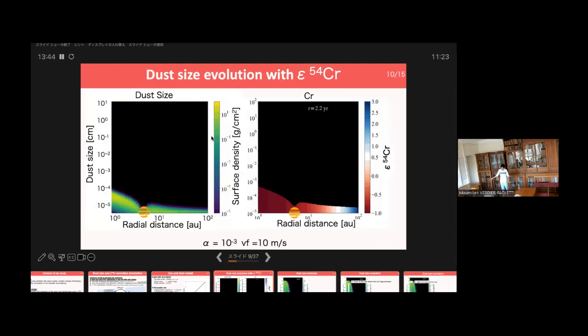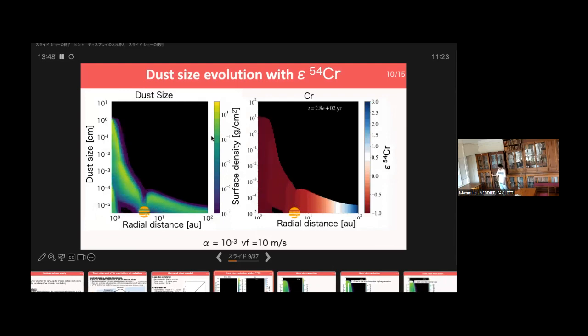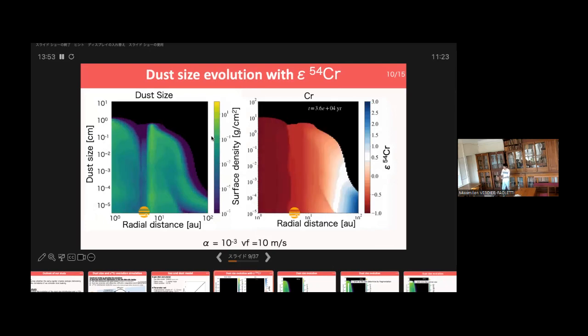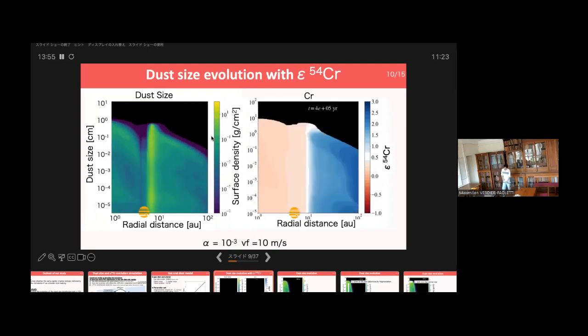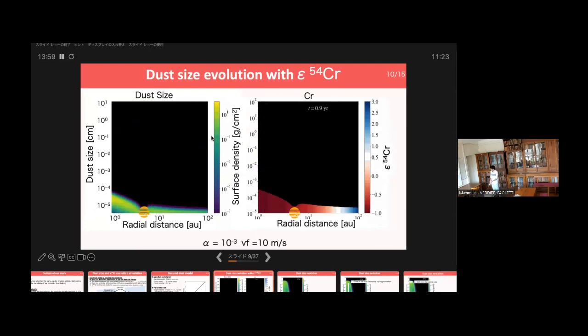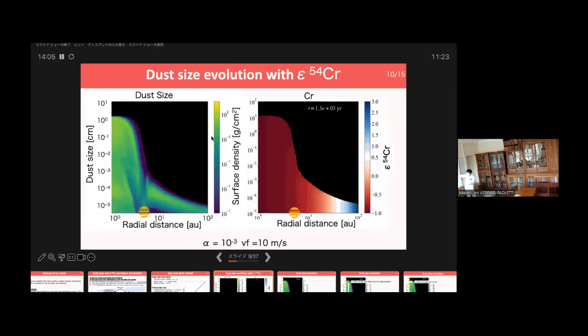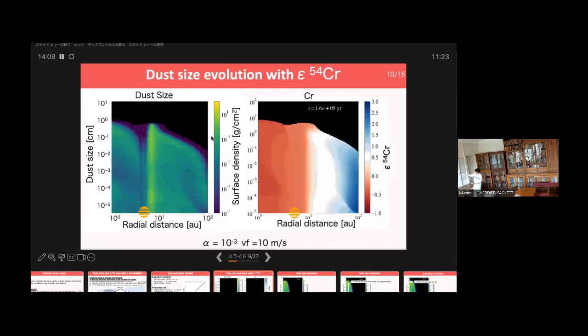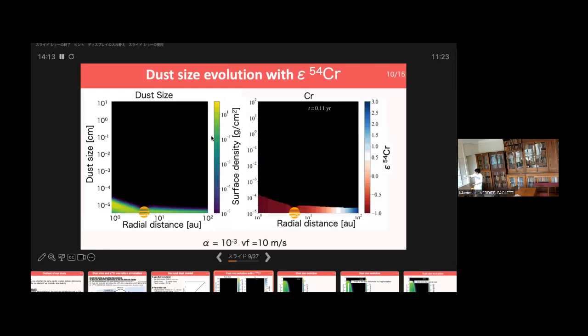This movie shows our result for the fiducial case. But actually, I think this picture is difficult for everyone to read, so I'll explain. This picture shows the dust size, and the horizontal axis shows the distance.